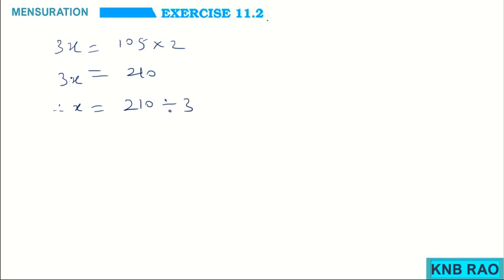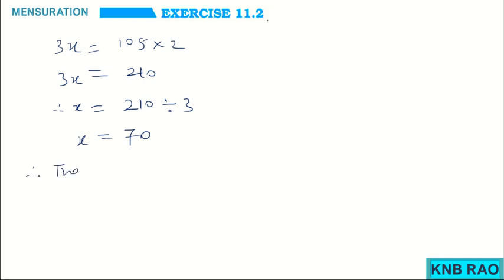You know 3 is multiplying. When it is transposed, it does division. Now, x value is 210 divided by 3, which implies 70 is the value of x. Now, we will go for writing the conclusion.